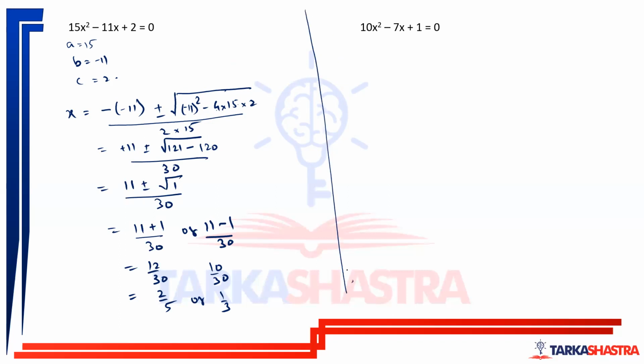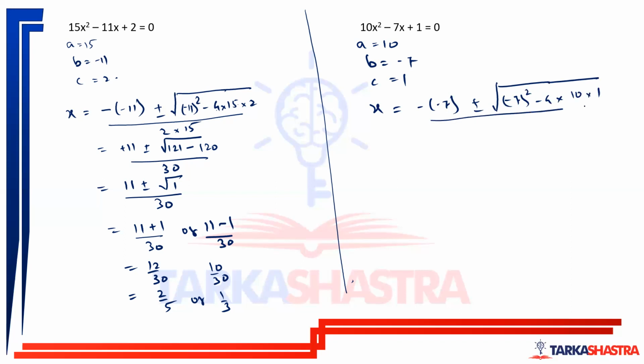Let us try one more example. Here what you have, a is equal to 10, b is equal to minus 7, c is equal to 1. So roots of the quadratic equation will be minus of minus 7, that is minus b, plus or minus under root of b square, that is minus 7 square, minus 4 into a is 10, c is 1, upon 2a, that is 2 into 10, which is positive 7 plus or minus under root of 49 minus 40 upon 20.